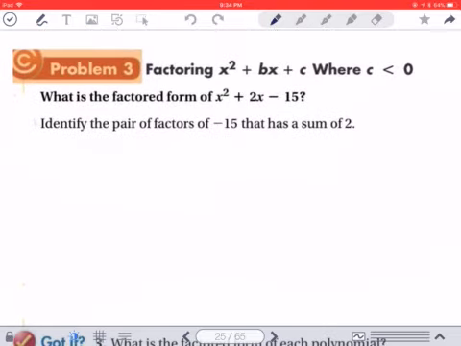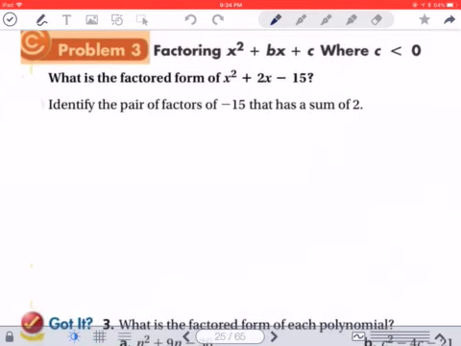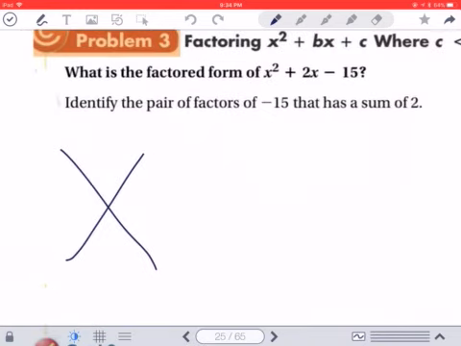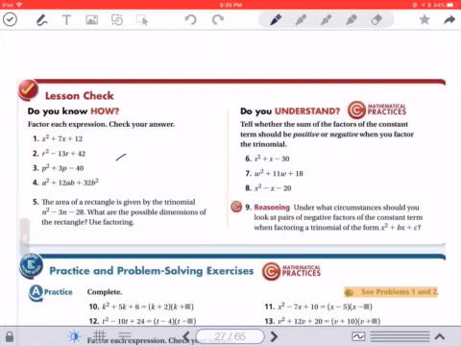So what is the factored form of x squared plus 2x minus 15? Well, same thing. I'm going to make an x. That's why it's called the x method. And I'm going to put my last term here. So this is ax squared plus bx plus c. My c value is negative 15.